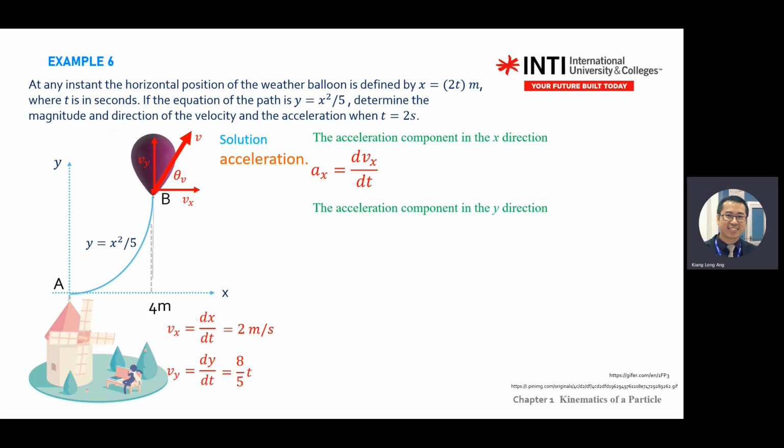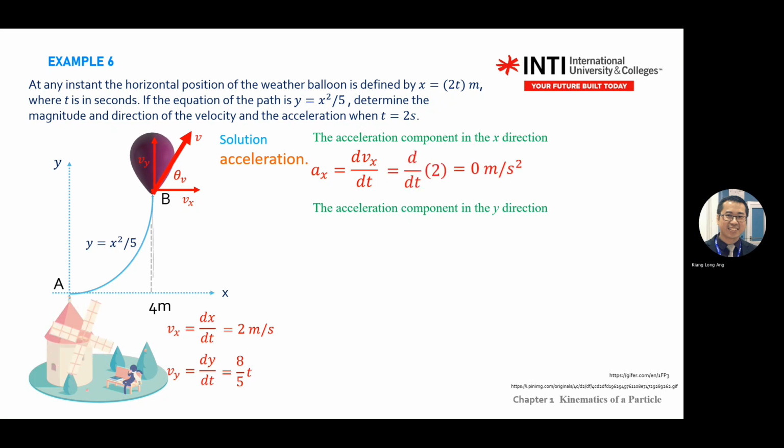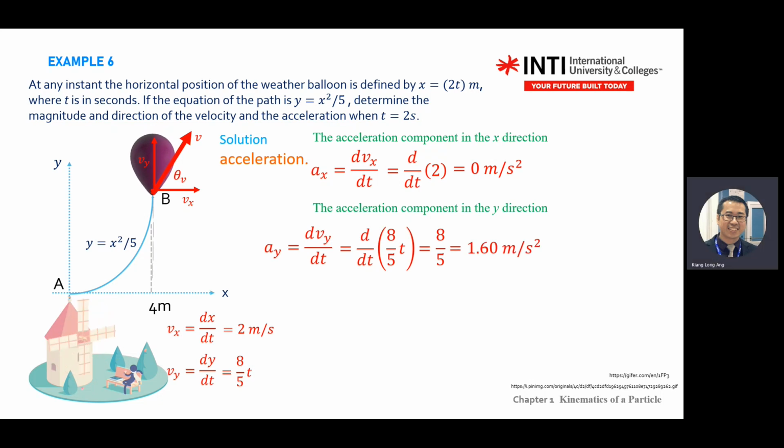There's no t for you to differentiate. What happens to your y? What is your acceleration in y? You differentiate with respect to t, 8 divided by 5, 1.6 meter over second square. Remember the unit.